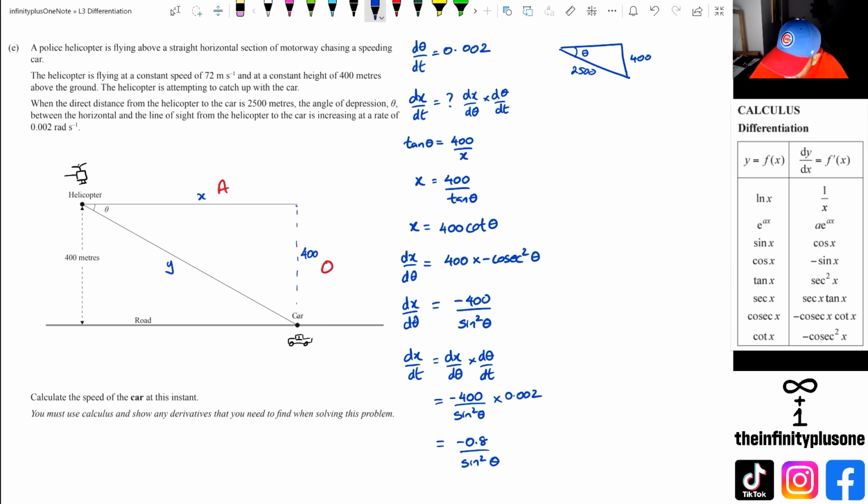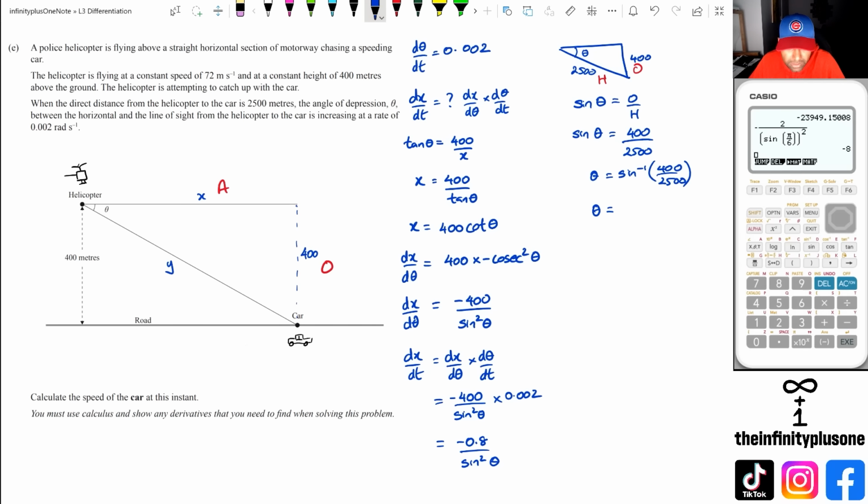Theta is opposite and hypotenuse, so we've got sine θ equals opposite over hypotenuse. Sine θ is equal to 400 over 2,500. Then θ is equal to inverse sine of 400 over 2,500.